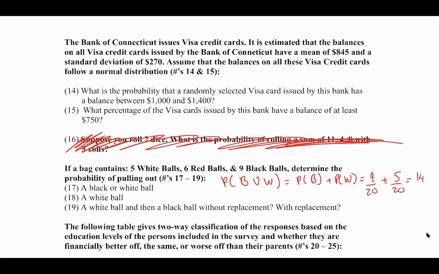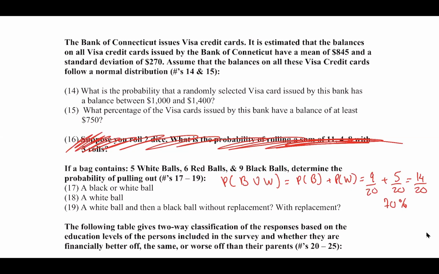That gives you 14 out of 20, which is 70%. And that's it for 17. Since they use the word or, which means either or, you get the probability of black, you get the probability of white, you add those two up, and that's it.